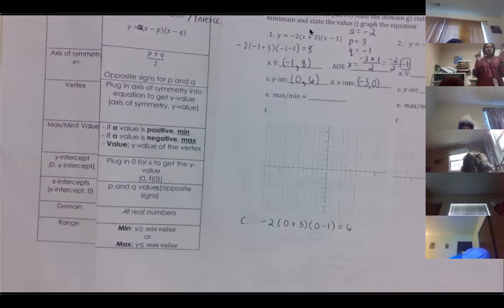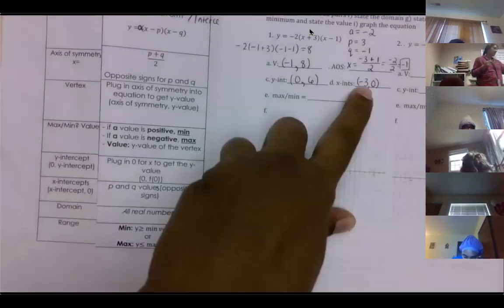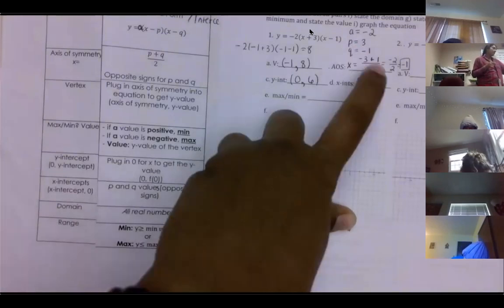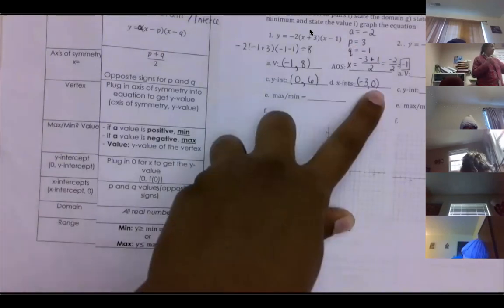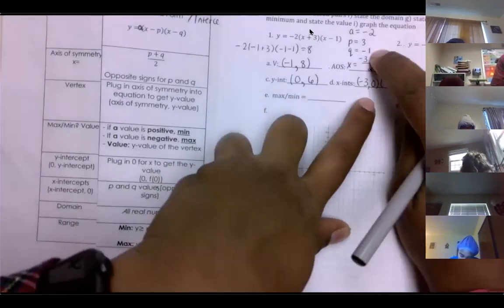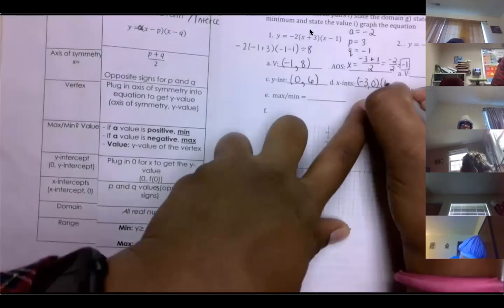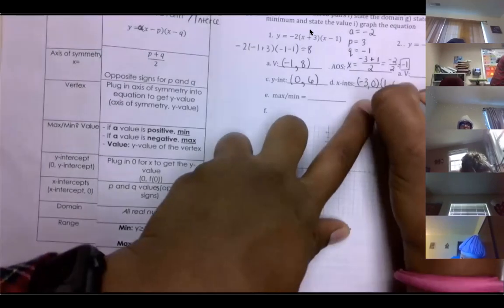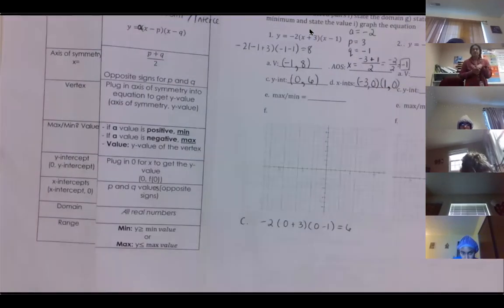So you always want to use a point for your x-intercept. The x part is the opposite of p, and the y is always 0. And you have to do the same for q. You take the opposite of q, so +1, and your y value is still 0. Any questions so far?